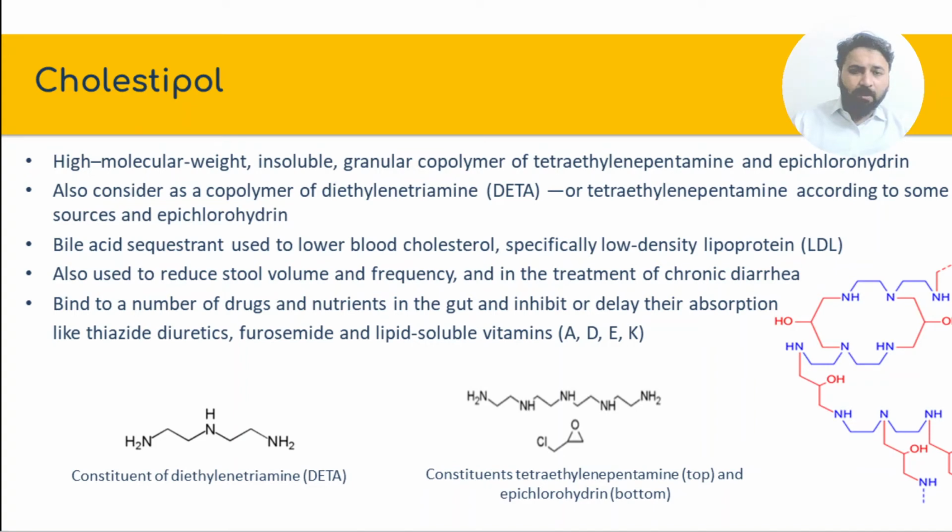But importantly, it does not possess chloride ions as the previous ones do. Strictly speaking, it is not an ion exchange resin, and this compound has a good selectivity for both types of bile acids, trihydroxy and dihydroxy bile acids. So this is just an example very similar to Cholestipol and cholestyramine.